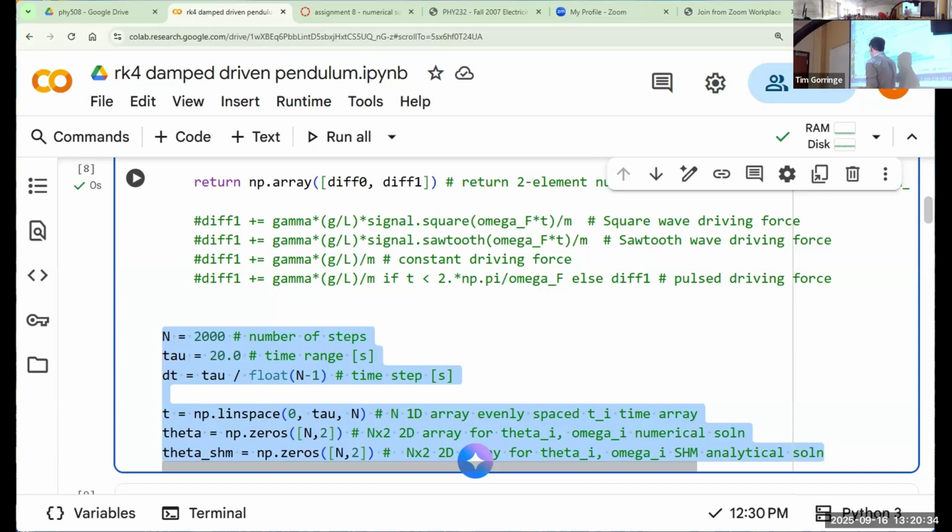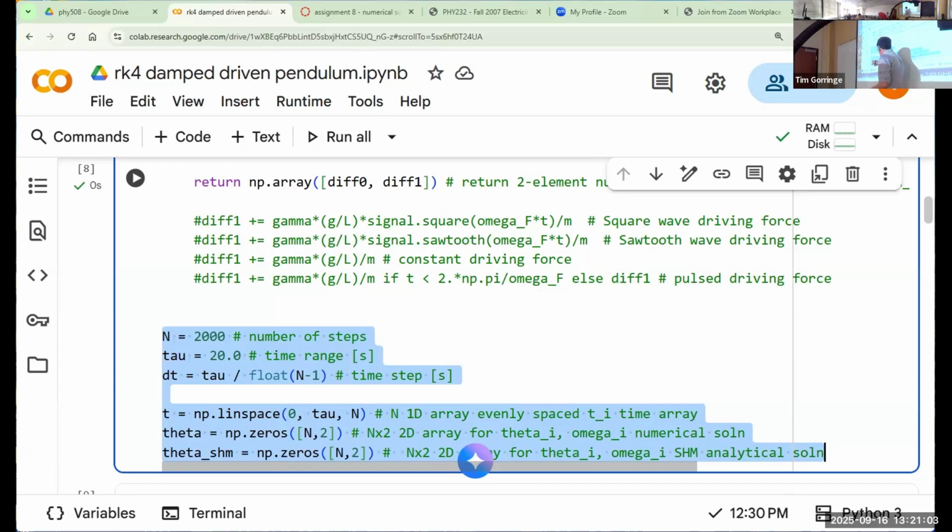this theta here. So theta has, think of it as a matrix with two columns to it, which are all the individual times of the ticks. The first column is going to be the position variable, the theta coordinate, and the second column is going to be the angular velocity variable, the omega coordinate.